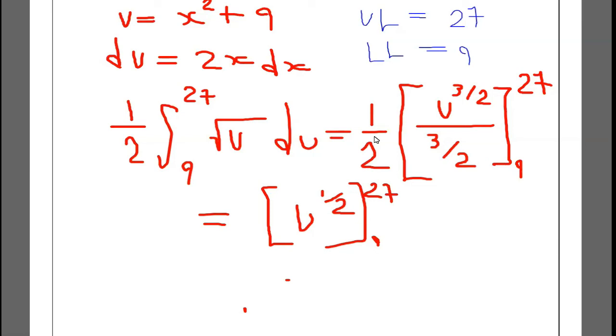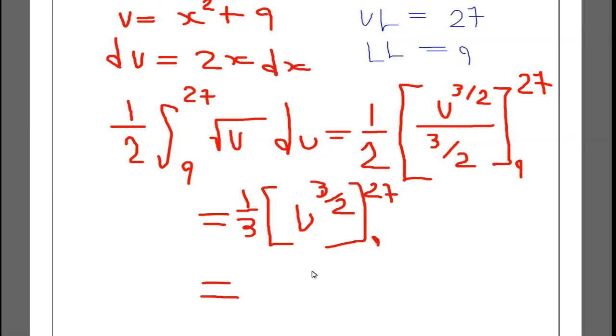So that's 1 over 3. So on the outside, I can put my 1 over 3. And this is really u to the 3 over 2. So it works out to be equal to 1 over 3.